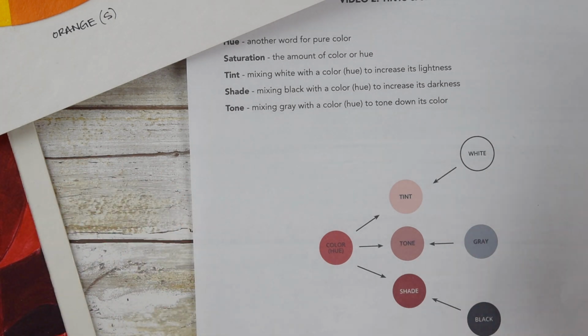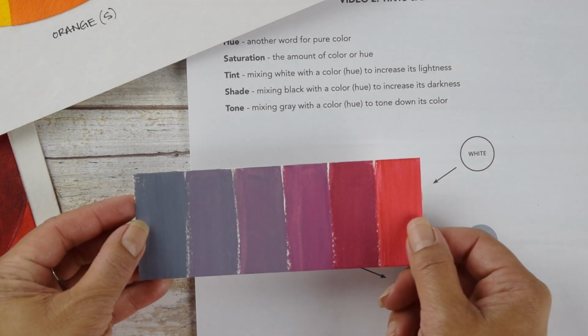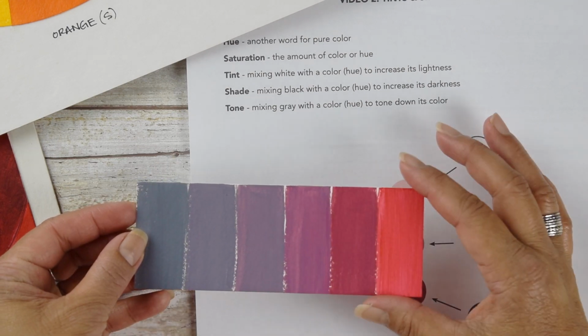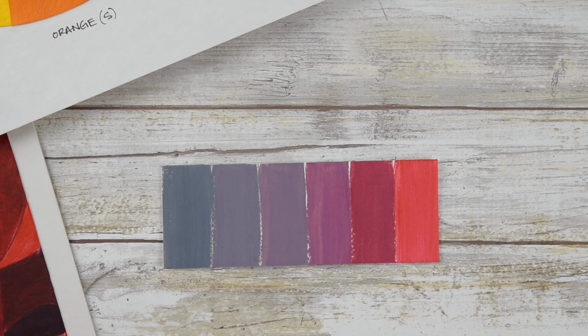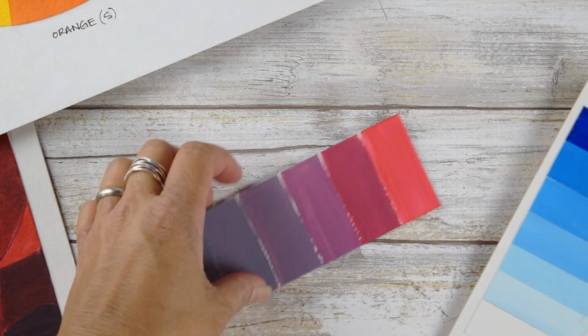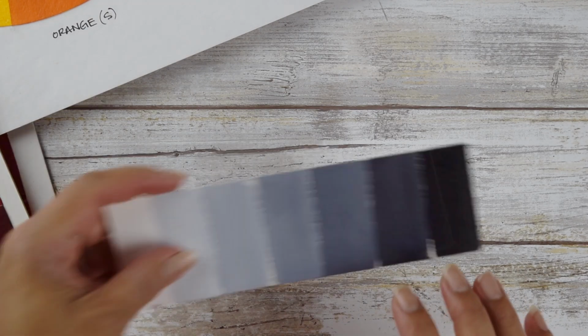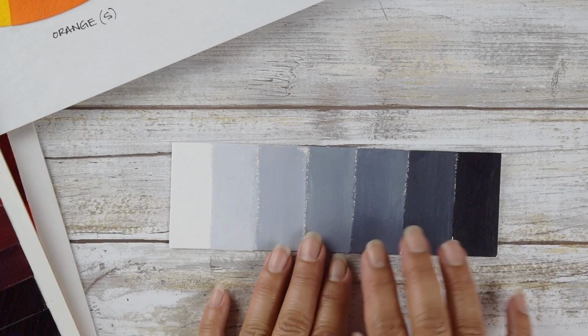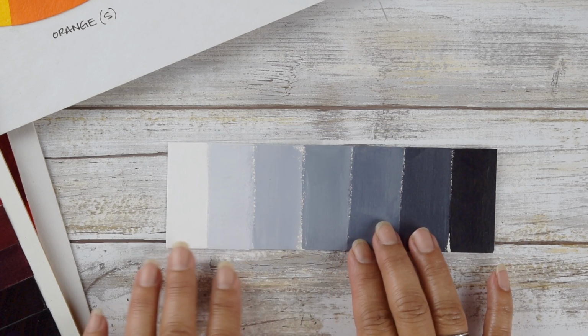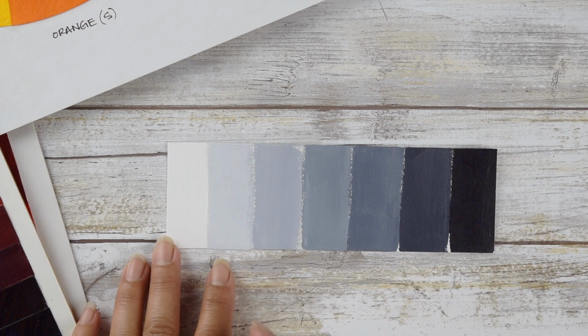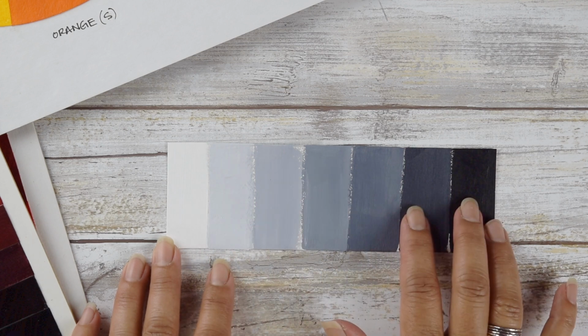So we're going to go over that. You're going to actually paint and create these scales, which is what I call them, and we're going to do tints, shades and tones. What we're going to start out with is a really good basic exercise to start getting the feel of what happens when you start adding color to white or black.